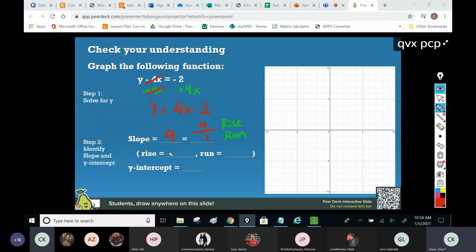So once again, I put it as a fraction because I want to easily see the rise of 4 and the run of 1. So you are rising 4 units, you run across 1 unit, and then the y-intercept is -2.